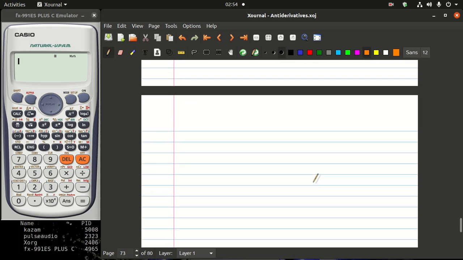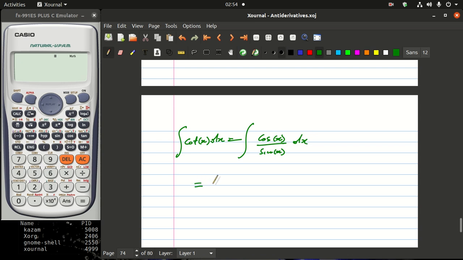If you noticed, we were still busy with cot of x dx, and I said this is the same as cos of x divided by sine of x dx. Now I said replace sine by u, so I still have a cosine of x divided by sine, which is going to be u.